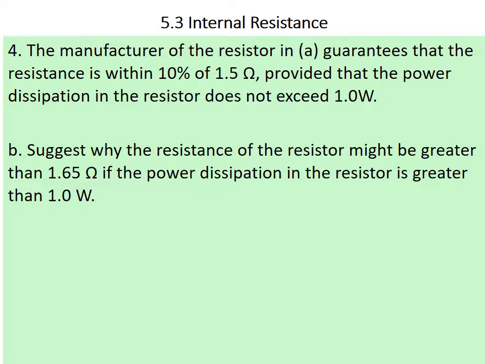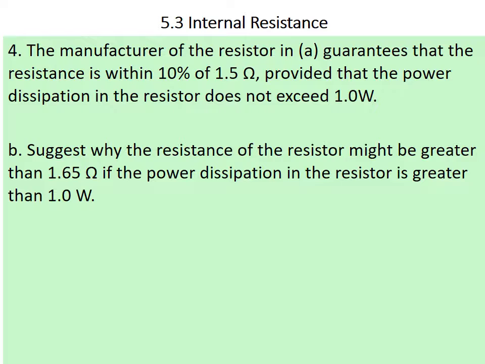The manufacturer of the resistor in A guarantees that the resistance is within 10% of 1.5 ohms, provided that the power dissipation in the resistor does not exceed 1 watt. Suggest why the resistance of the resistor might be greater than 1.65 ohms if the power dissipation in the resistor is greater than 1 watt.